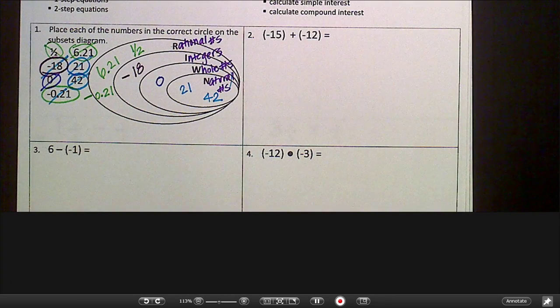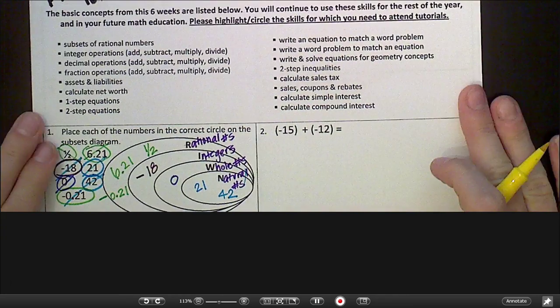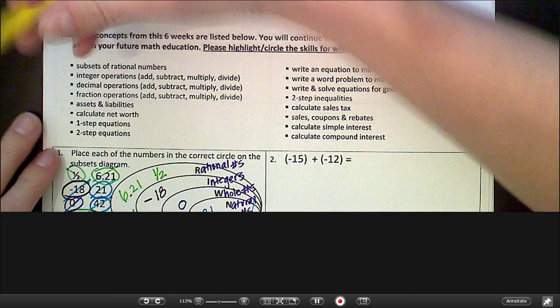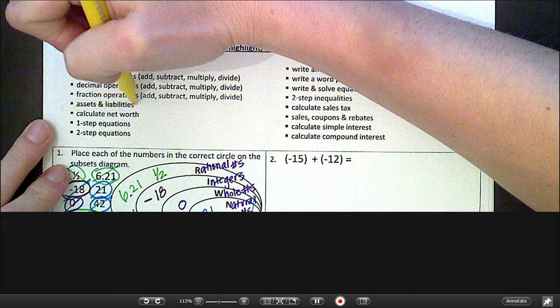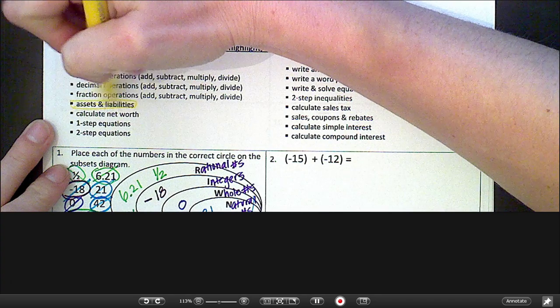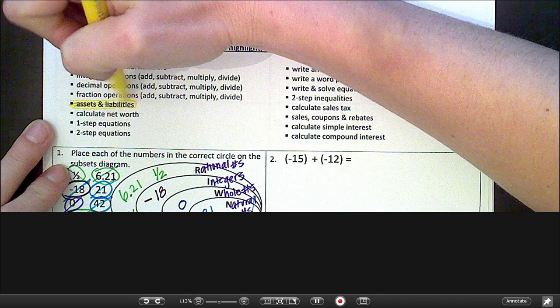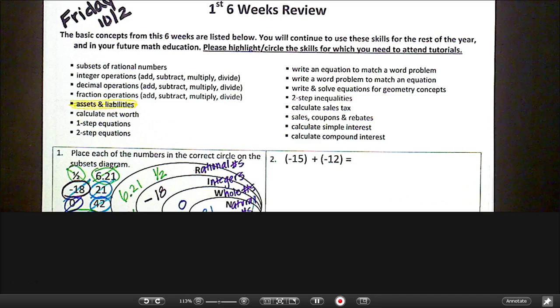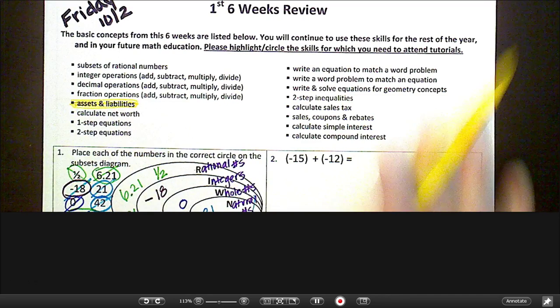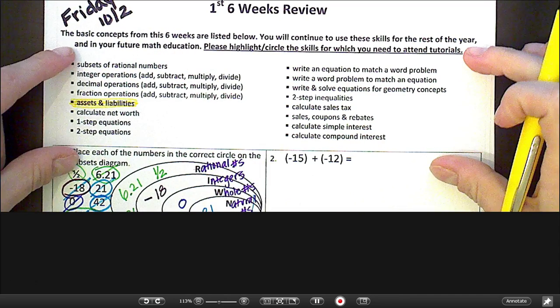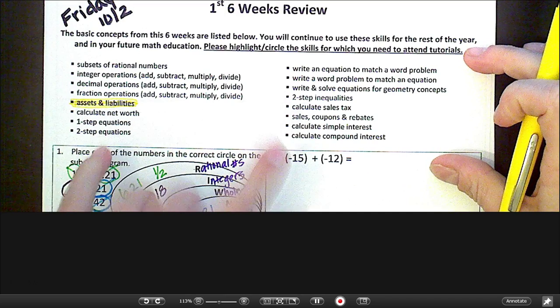So we're going to go up to the top of our review and we're going to highlight or circle that concept that we are having trouble with. Because then we know, hey, all the stuff I highlighted here I'm still having trouble with.